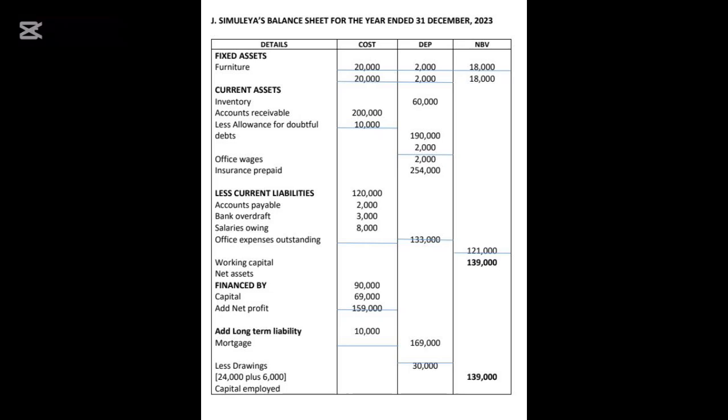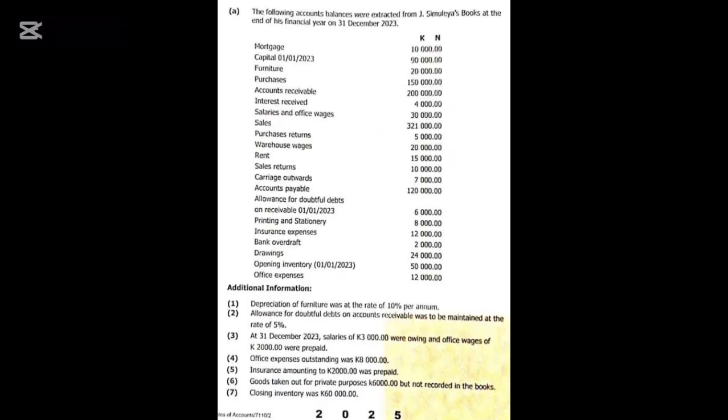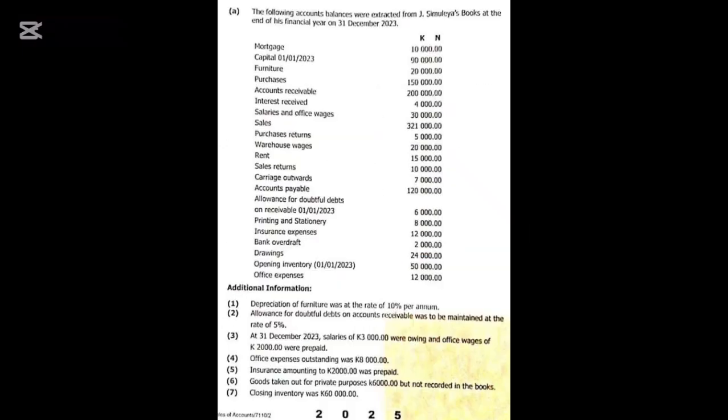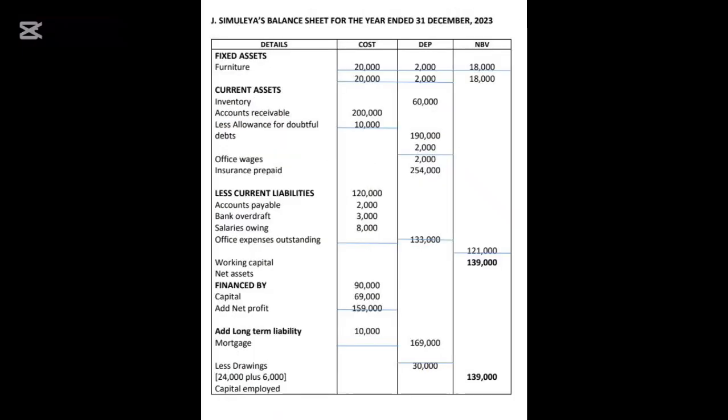Then we go to current liabilities. Current liabilities, we have accounts payable. Account payable is another term used to refer to creditors, which is 120,000. Then we have bank overdraft as a current liability, which is 2,000. We write it there. We have salaries owing as a current liability, 3,000. We include it there. We have office expenses, 8,000, which is a current liability.